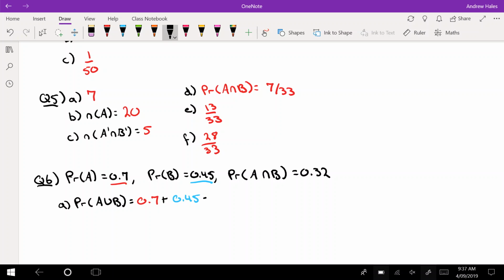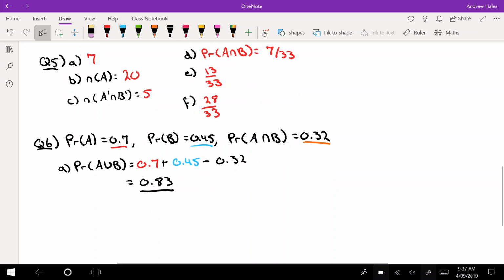And then we have to take away our intersection here, because that's what the addition rule states. And that is going to be equal to 0.7 plus 0.45 is 1.15. Take away 0.32, that gives me 0.83.